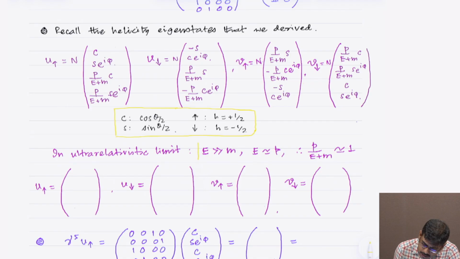Now, I am interested in looking into this form of the spinors in what we call the ultra relativistic limit, where the energy is way greater than the mass.